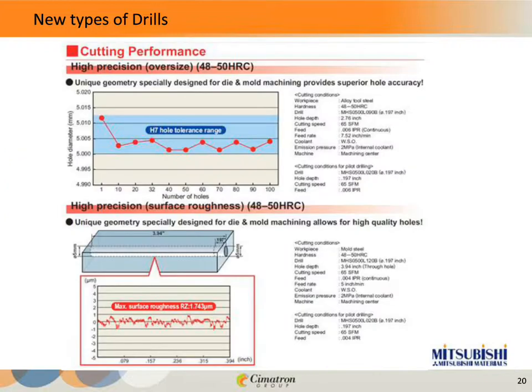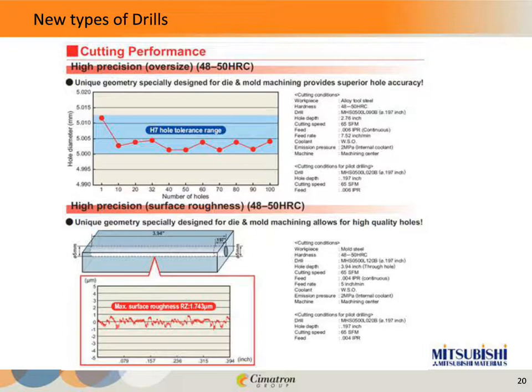Okay, so the next few slides are just going to be some examples of cutting performance. We're going to look at the tolerance for size and the surface roughness. In this example, I believe we're using a 5mm drill, and this shows a little range of the tolerance.